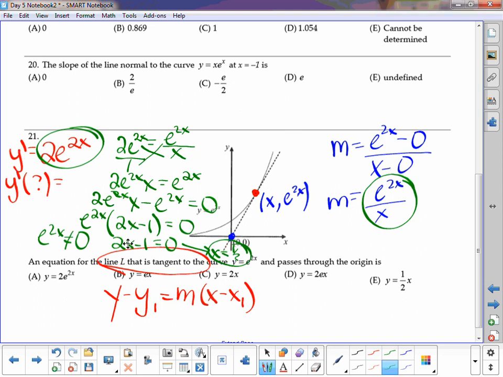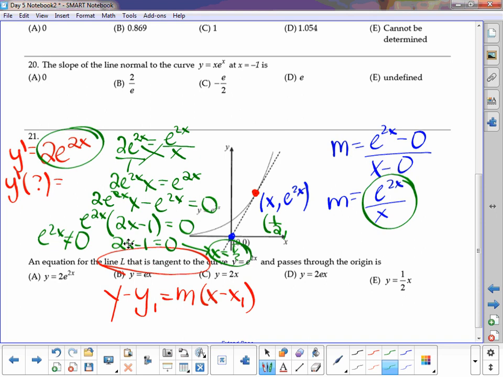Okay, so we had to use our algebra 1 slope and our calculus slope to find 2 equations, set them equal, and solve for that x value. So now I know that the x value is 1/2. How do I find my y value? Yeah, just put it in. Am I putting it into my derivative or into my original to find the y value? The original.